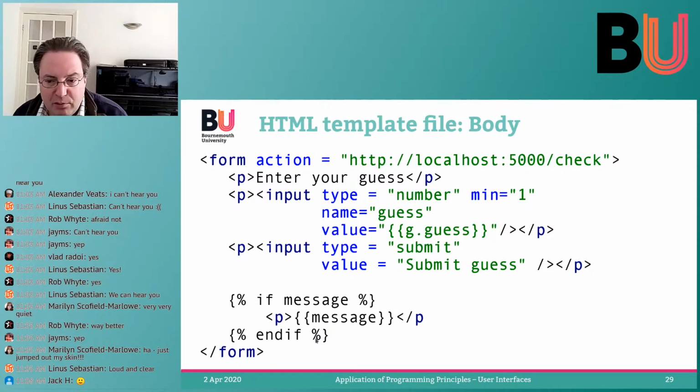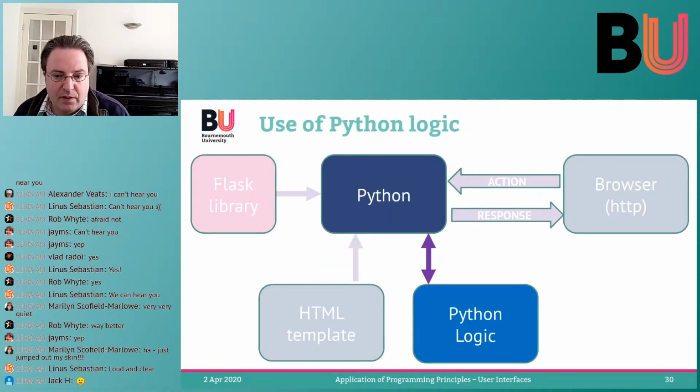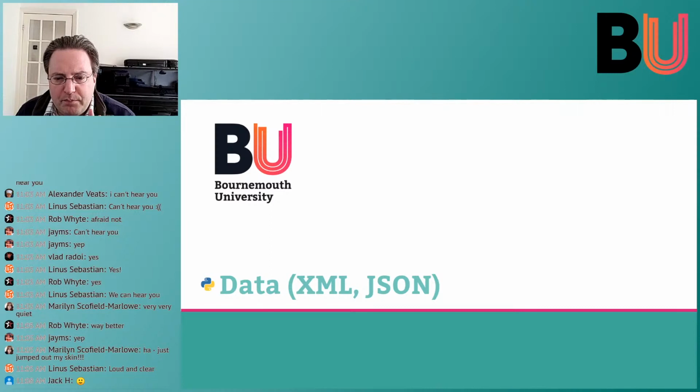This is what a template looks like in Flask, and kind of how you use Python logic in there. So, data. One of the things you often want is to interact with data, and you can use files for that as well.